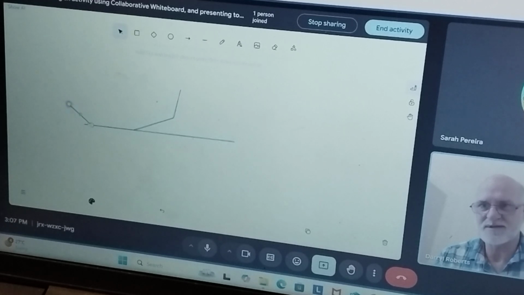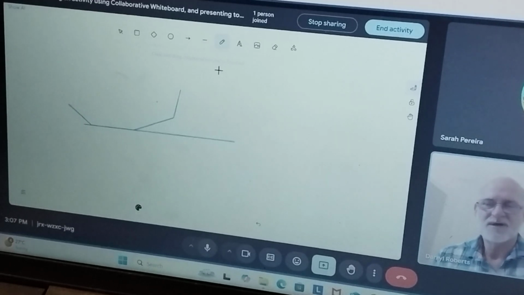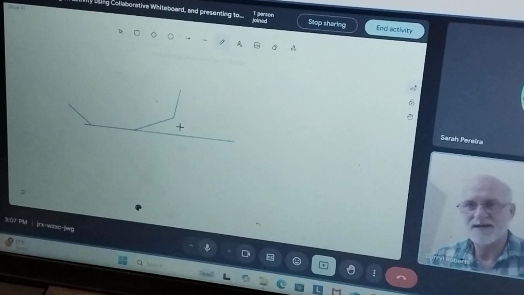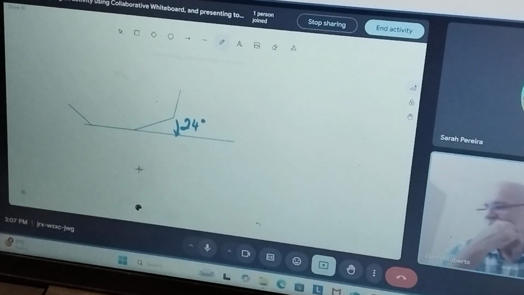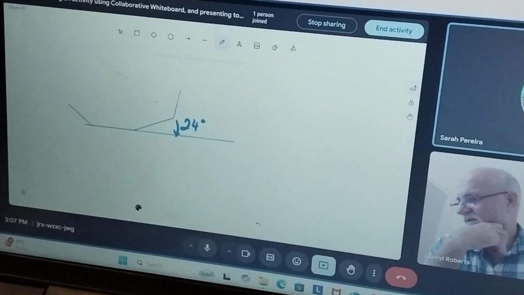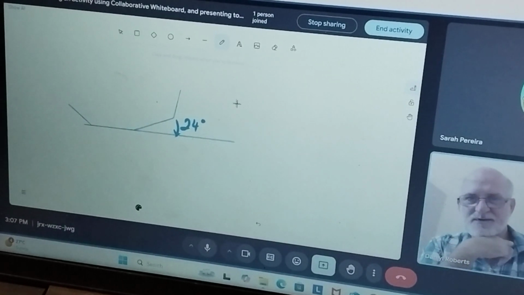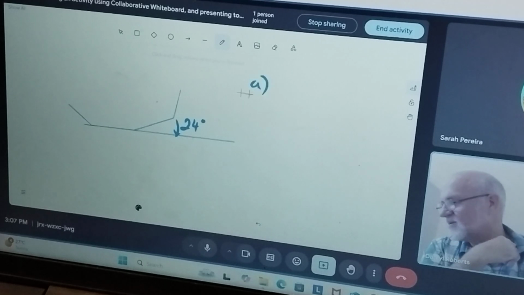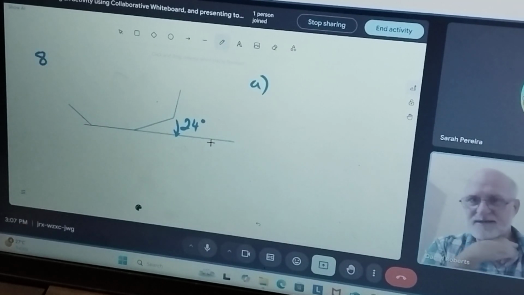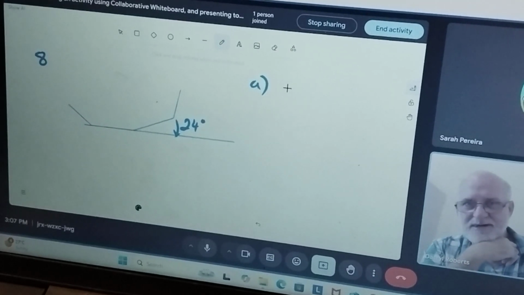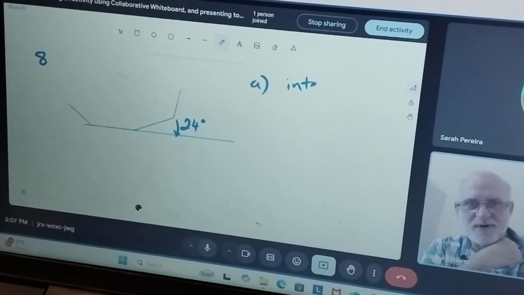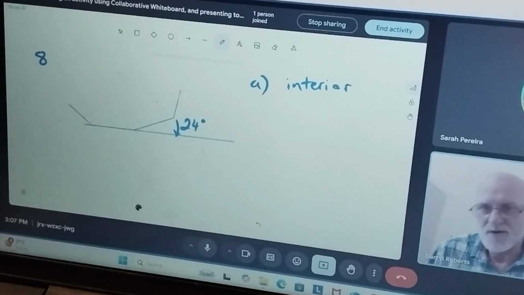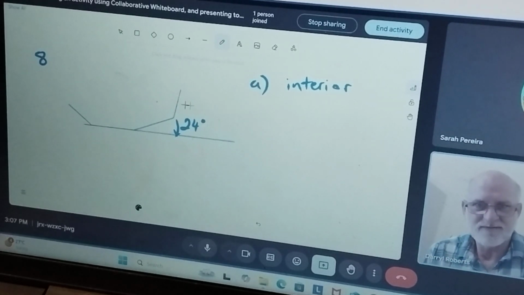And they've said this angle over here is 24 degrees. And this is question 8, by the way. They've said, work out the interior angle. If that's all we've got of that shape, we don't have the whole shape. We don't know how many sides it has. The only thing we know is that this is 24 degrees.